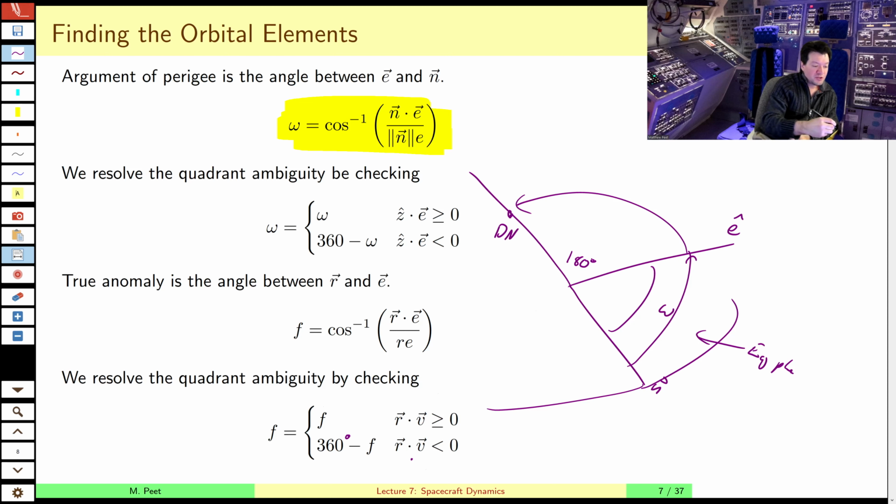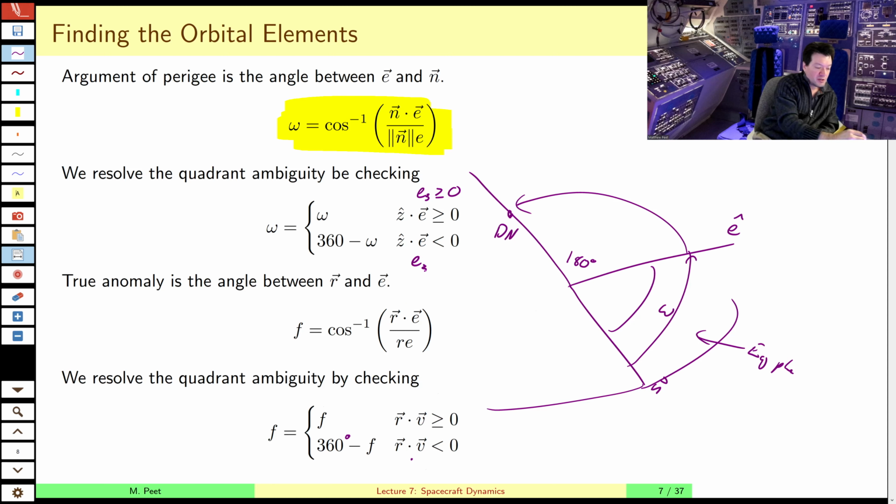So we just look at the third component of the eccentricity vector. If that third component is positive, by definition of the ECI coordinate system, it's in the northern hemisphere, and we don't have to do any corrections because we know we're between 0 and 180.